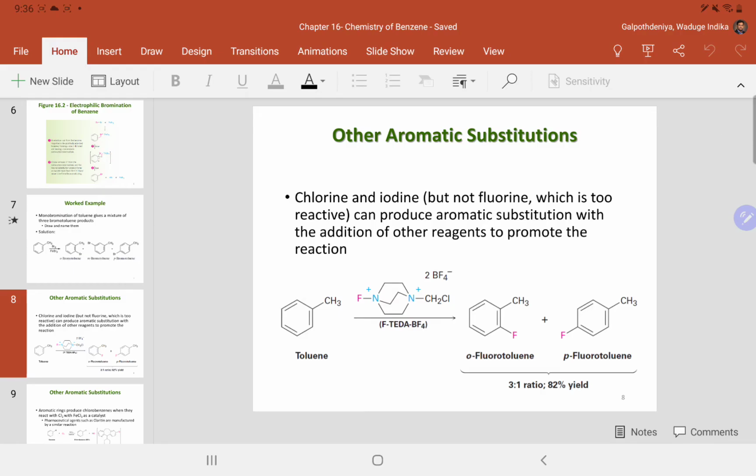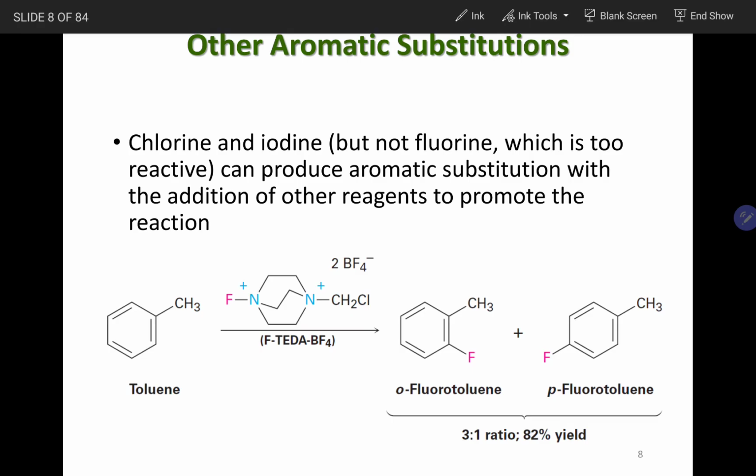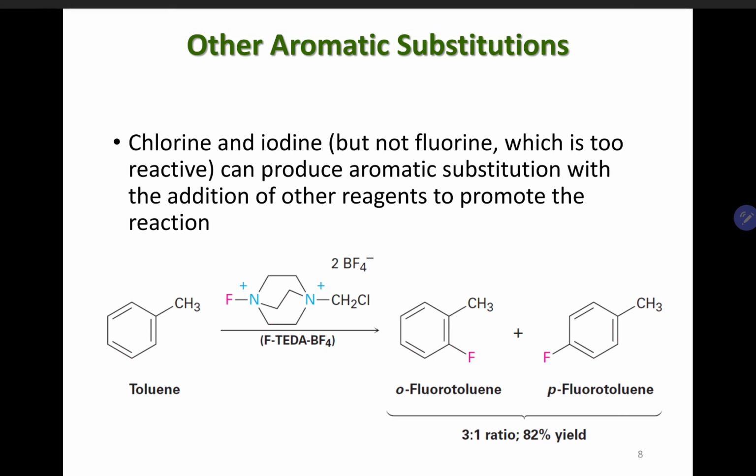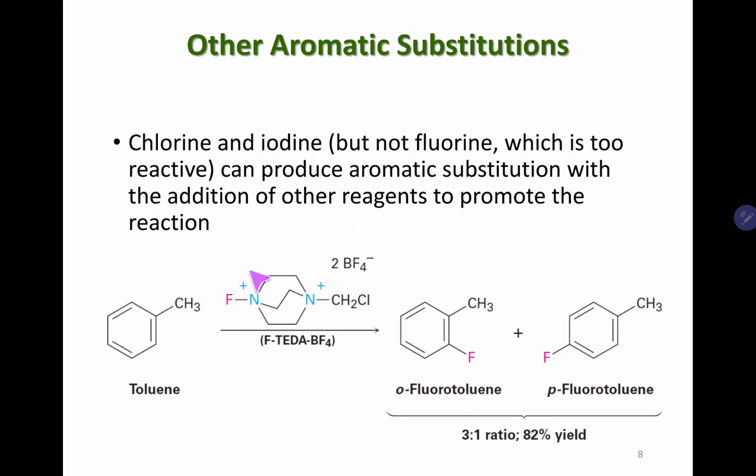If you are interested in knowing how fluorine would react with benzene, usually in order to have a fluorinated benzene, you have to use specialized reagents, and sometimes you might even have to use an activating group. We will talk about these activating groups later on, but of course you need a lot of help if you are planning on fluorinating a benzene.